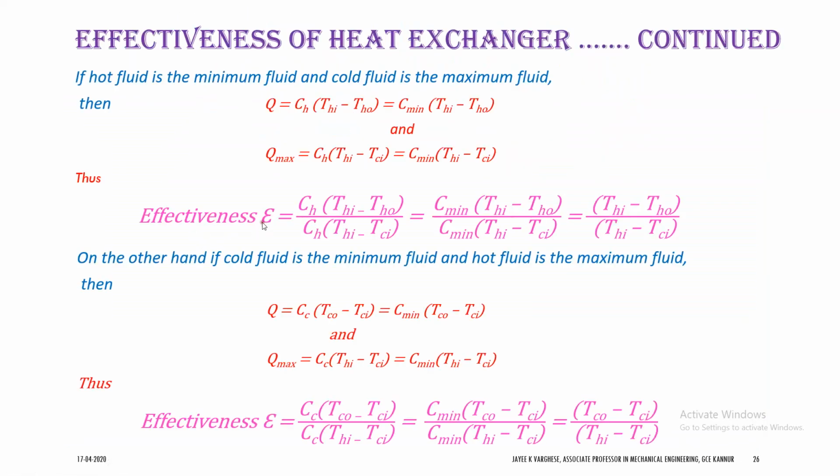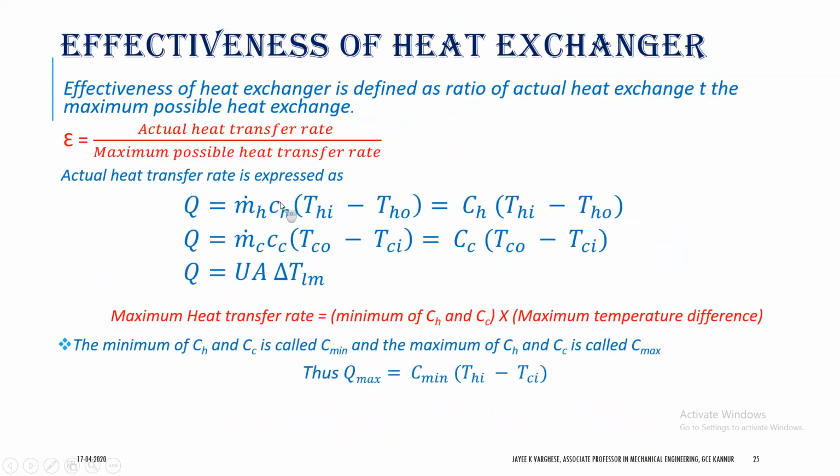We go back to this slide. We know that effectiveness is the actual heat transfer divided by the maximum possible heat transfer. This is a very wonderful technique to analyze a heat exchanger even though we don't know all the four temperatures. The actual heat transfer is given by CH into Thi minus Tho, or CC into Tco minus Tci.